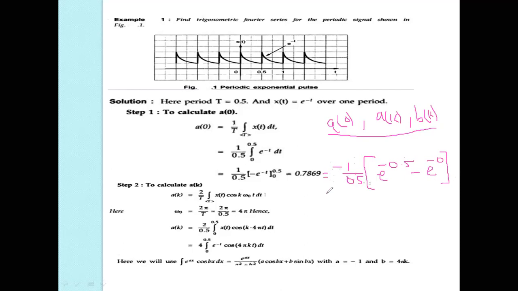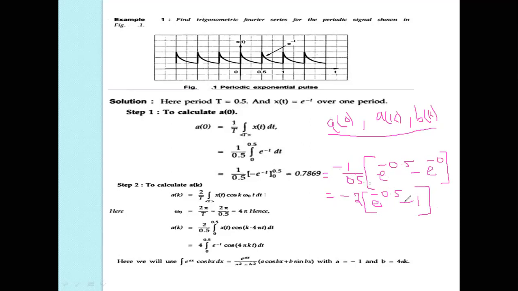That is equal to minus 2 times e power minus 0.5 minus 1, since anything power 0 is 1. Definitely e power minus 0.5 is less than 1 only.